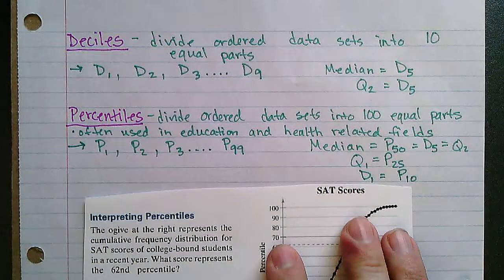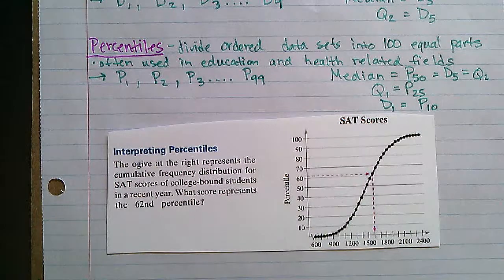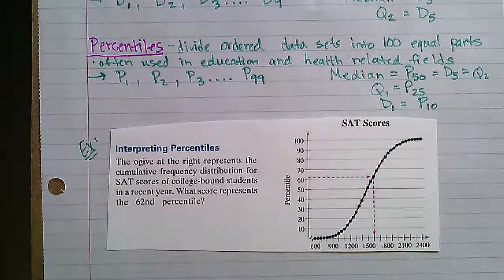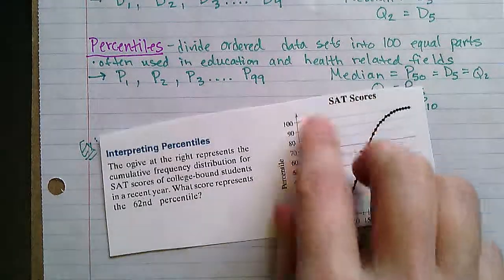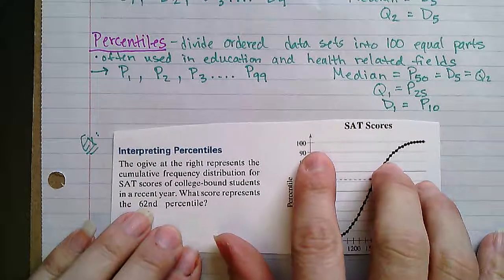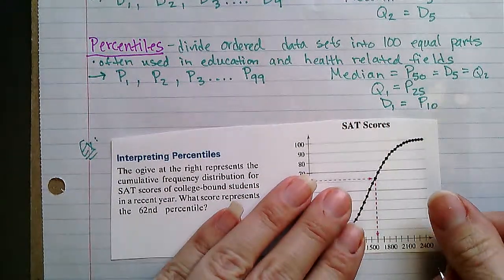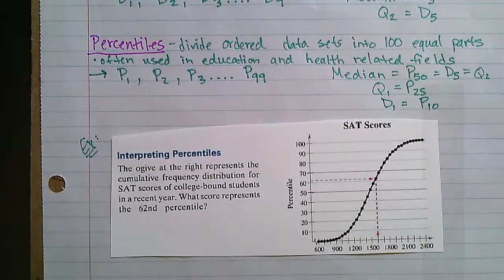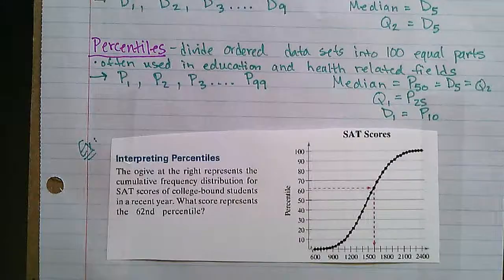So speaking of SAT scores, let's look at this little SAT scores example. Do you recognize what kind of graph this is? That starts at 0 and works its way up to the 100 mark. Remember, that is showing cumulative frequency. That kind of graph is an ogive. So this is an ogive that represents cumulative frequency distribution for SAT scores of college-bound students in a recent year.